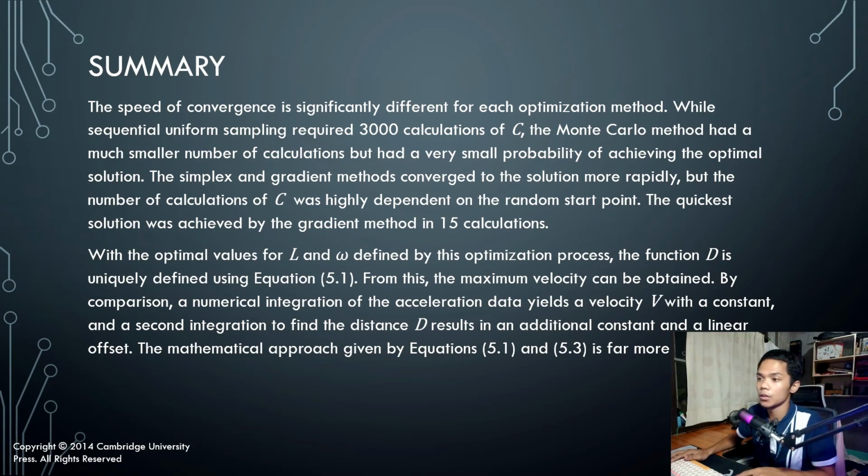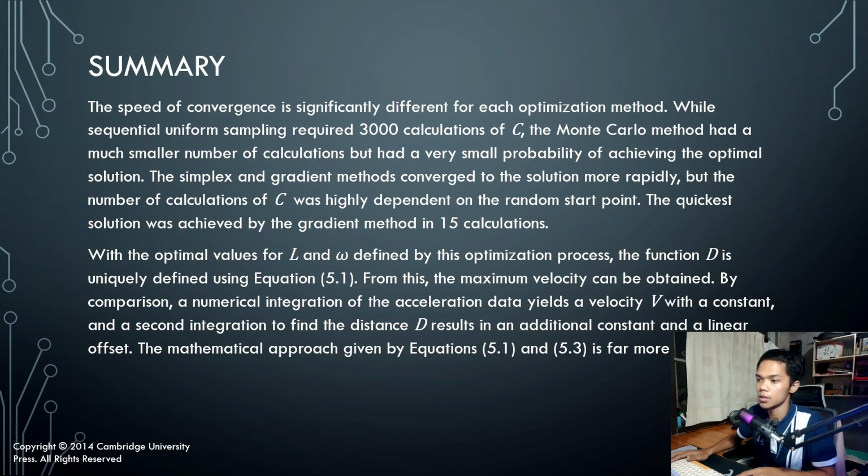With the optimal values of L and omega defined by the optimization process, the function d, or distance, is uniquely defined using equation 5.1, which I showed you at the beginning, the equation for finding the distance. From this, the maximum velocity can be obtained by comparison.